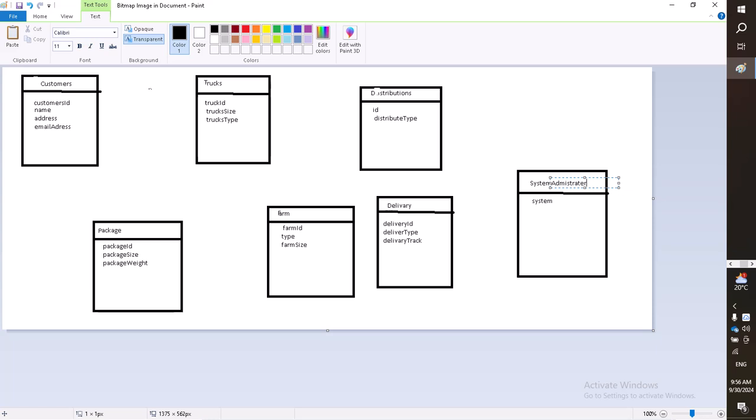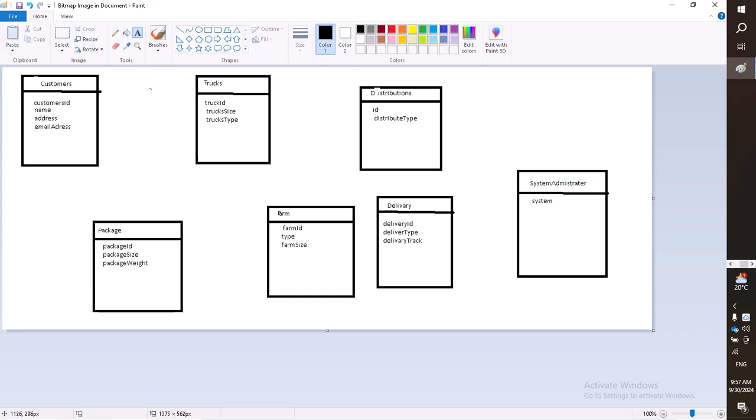Another thing you have to consider every time you are doing a domain class diagram. Remember this: if you are writing the name of the class or the attributes, there is no underscore, there is no space. Your word must be in the camel case technique like this.